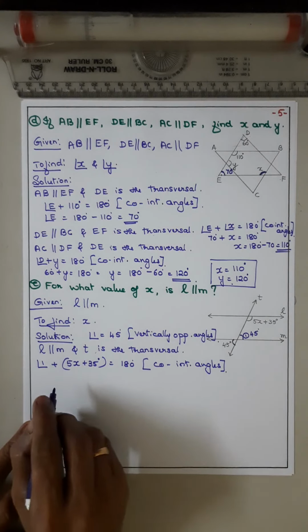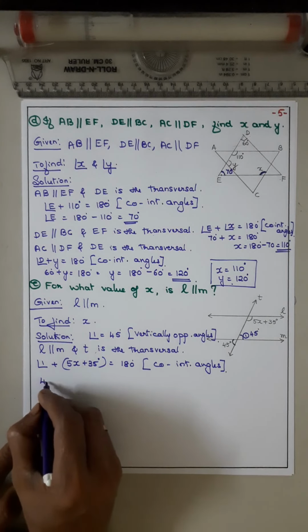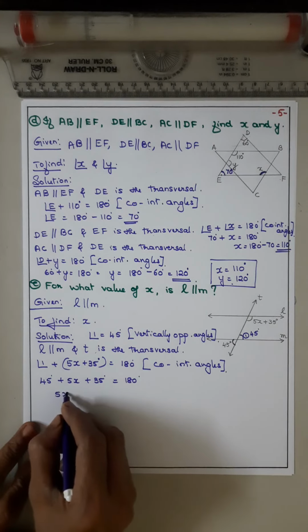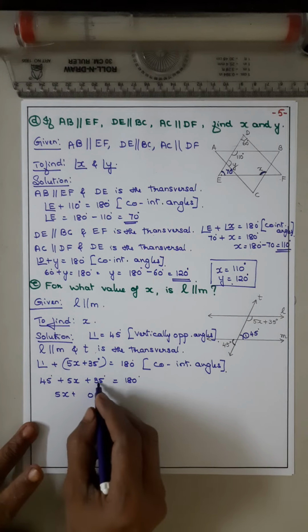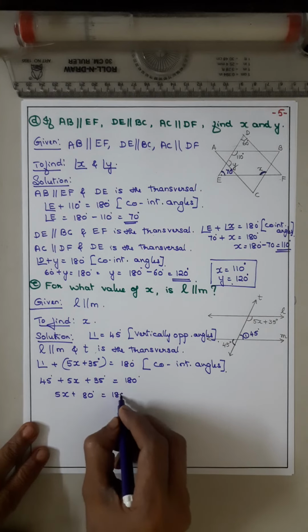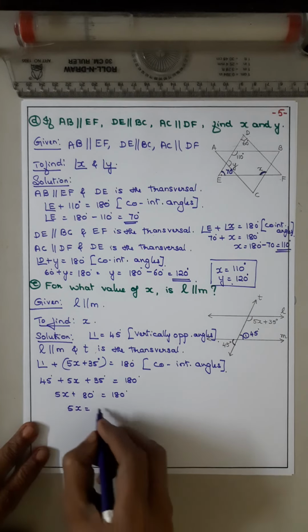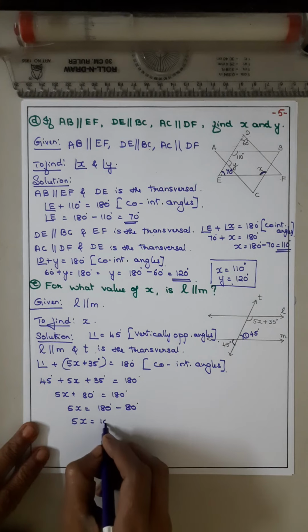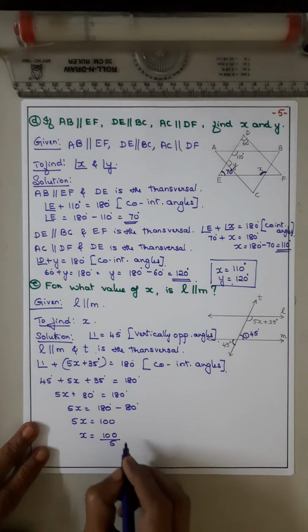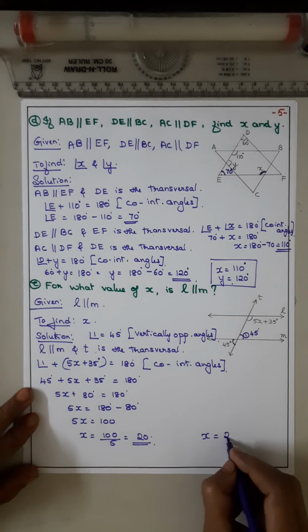So angle 1 is 45, so 45 plus 5x plus 35 is equal to 180. 5x plus 80 is equal to 180. 5x is equal to 180 minus 80, so 5x is equal to 100. X is equal to 100 by 5, that is 20. So X is equal to 20.